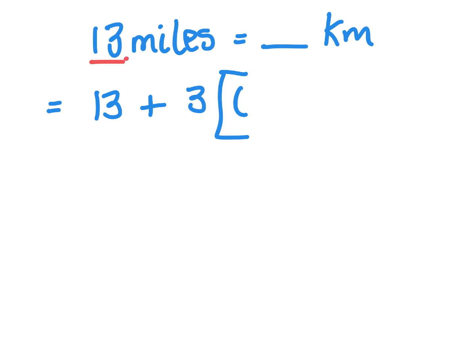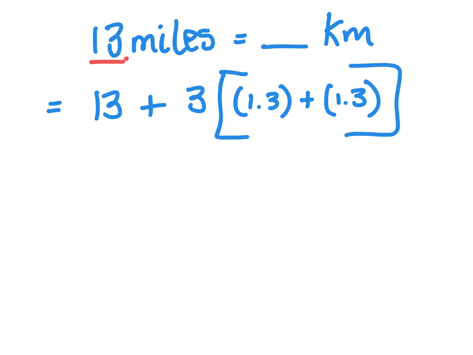So the decimal point is there at the minute. Dividing it by 10, you'd end up with 1.3. So that's what the first line should look like. 3 lots of 1.3 plus 1.3, which is 13 plus 3 lots of 1.3 add 1.3 is 2.6.